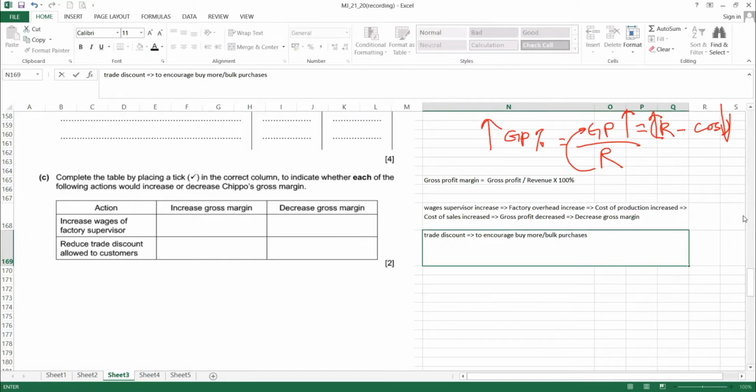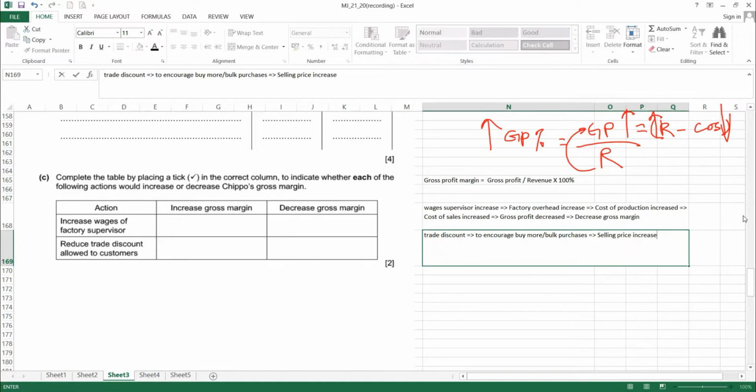So when trade discount allowed to customer is reduced, selling price increases.